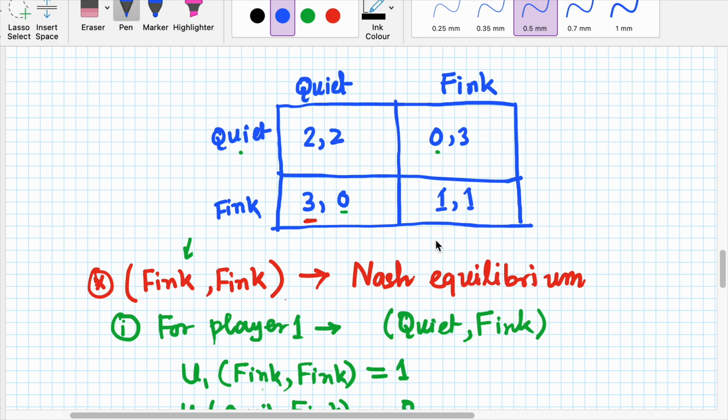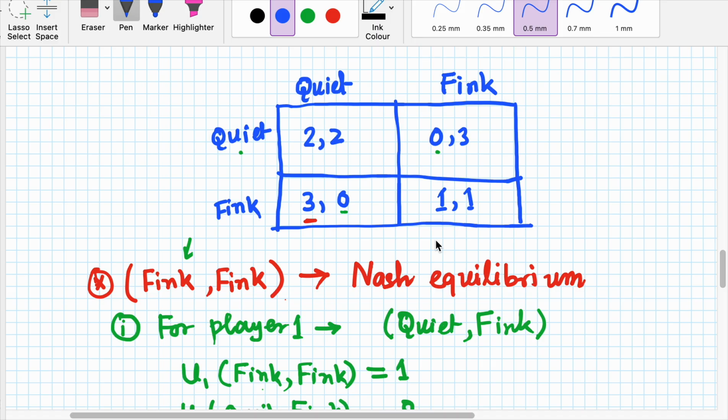You can see that the two players always want to choose the outcome corresponding to fink because of the fear of free riding, that the other individual can free ride if she remains quiet. That means the other individual can defect, or free ride, if he remains quiet.